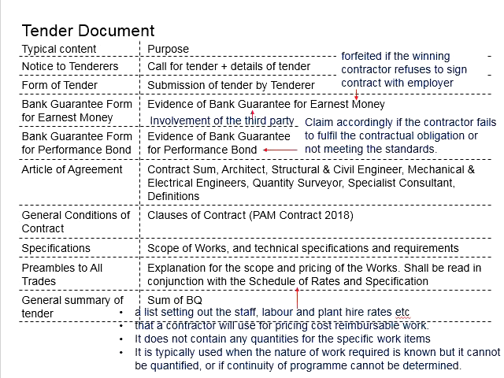BQs will be provided, and this is subject to whether the PAM contract 2018 is with quantities or without quantities. Next, there will be preambles to all trades. It provides explanations for the scopes and the pricing of the work, which should be read in conjunction with the schedule of rates and the specifications.